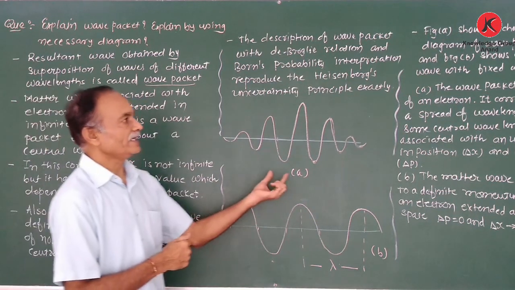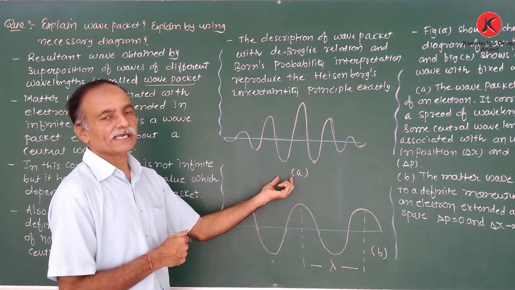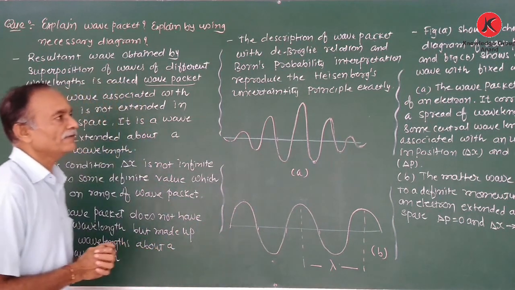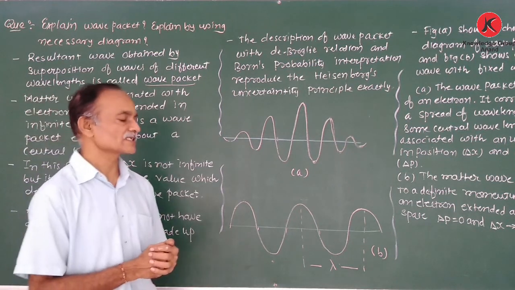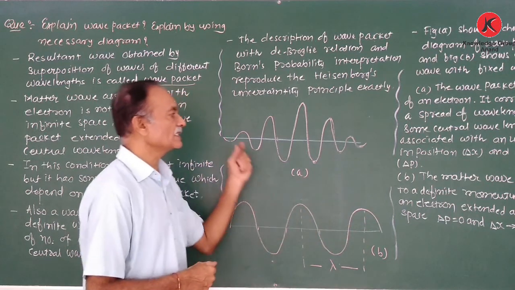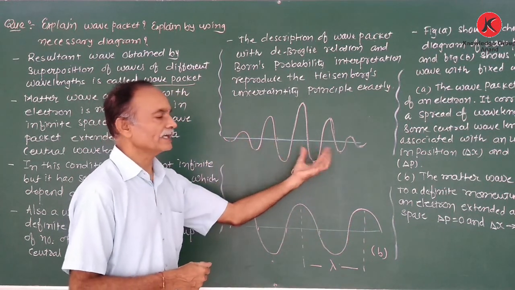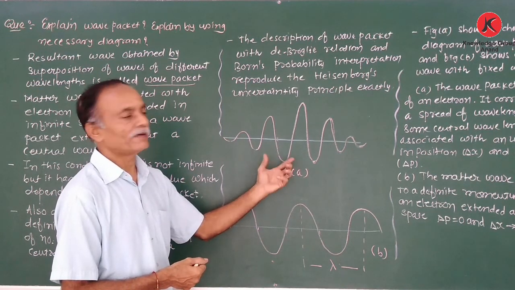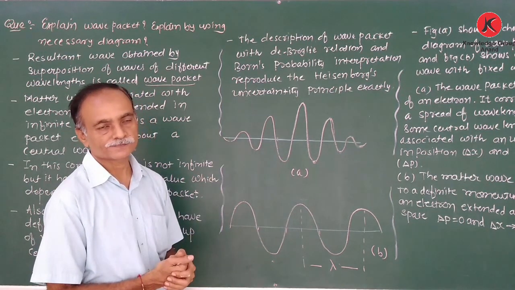So here figure A shows the schematic diagram of a wave packet, and figure B shows the extended wave with fixed wavelength. Here a bunch of wavelengths are present in this wave.